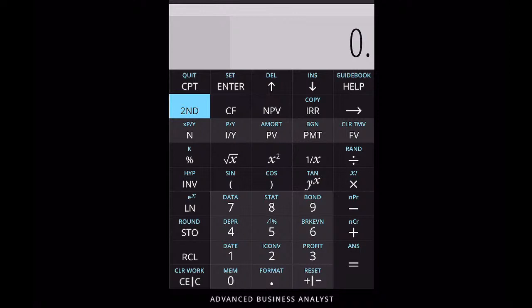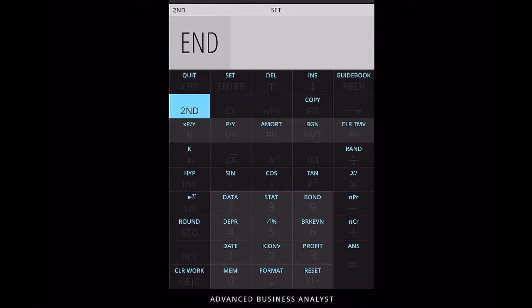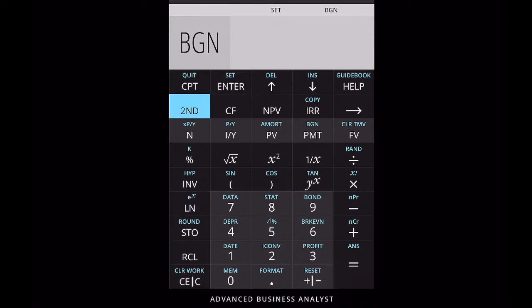Is that okay? So I'm going to turn it back to begin mode. Second, begin, second, set, clear, and I'm in begin mode with the BGN on the top of the screen. Now I'm going to turn it back after I've completed the exercise or solved a problem. I hit second, begin, second, set, and I'm back to end mode.